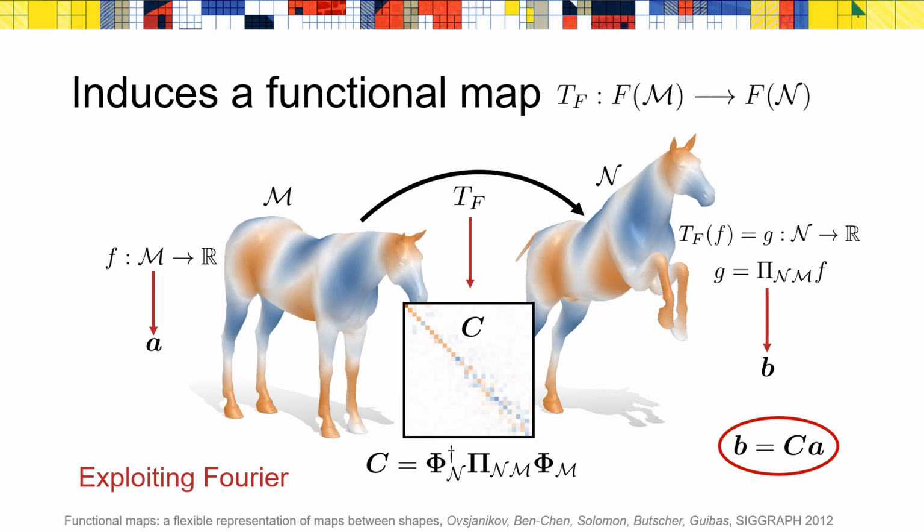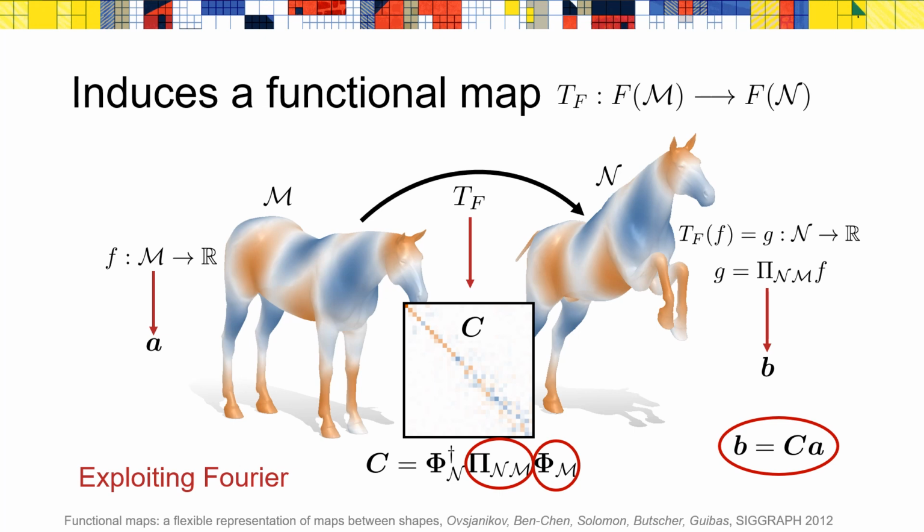And the functional map matrix C can be estimated as the composition of these three matrices. So starting from the coefficient a of the function f, we can do the synthesis of the signal, multiplying the coefficient with the Fourier basis stored in the matrix phi.